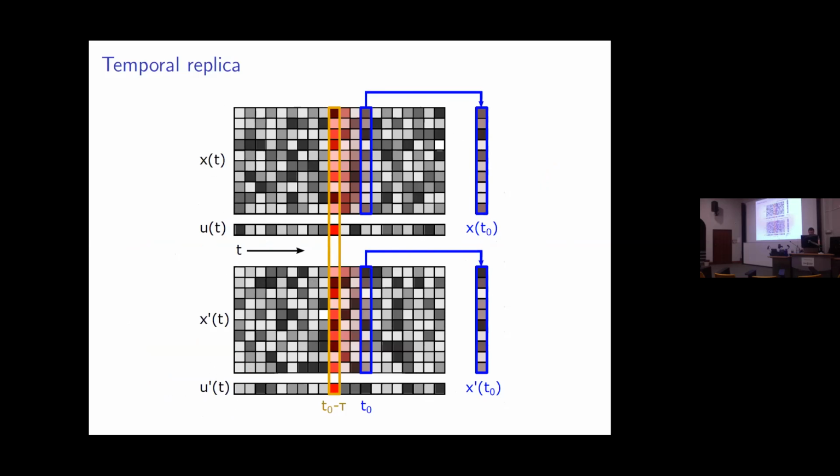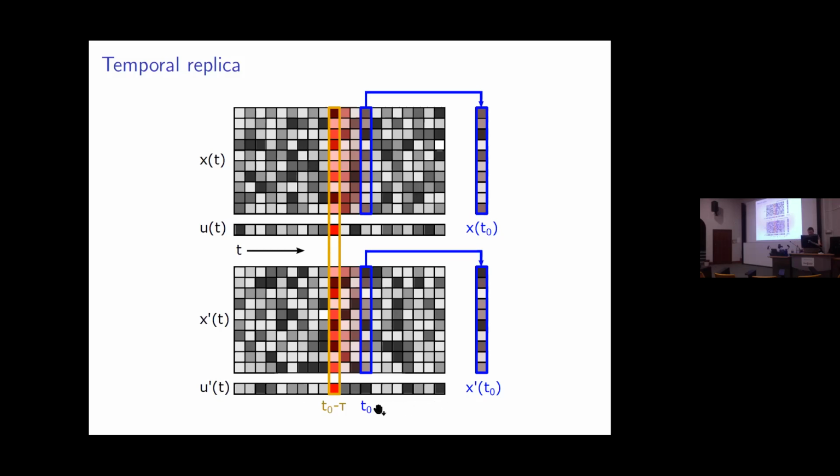And in the bottom part, it's the corresponding replica. So it's the same reservoir, but repeatedly driven with not the same signal, but a different signal. If we wanted to do the full replica test, we would need to repeat exactly that input time series in the replica experiment.